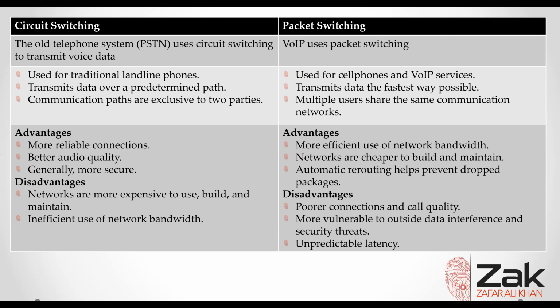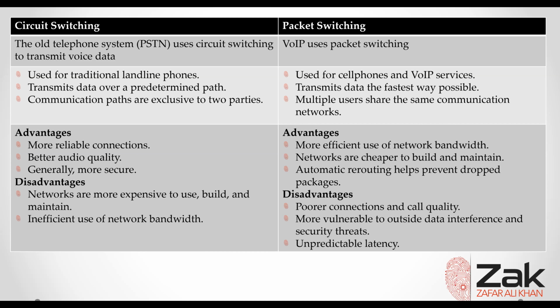The replacement of traditional landlines by internet-based communications, as from your landline to the cell phone, is mainly due to the benefits of packet switching versus circuit switching. However, there are still advantages to using circuit switching.